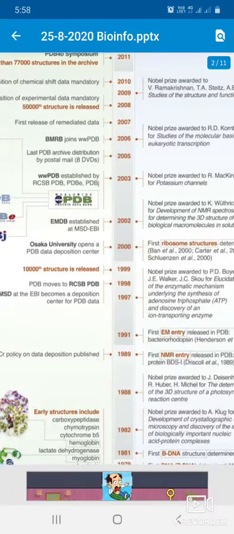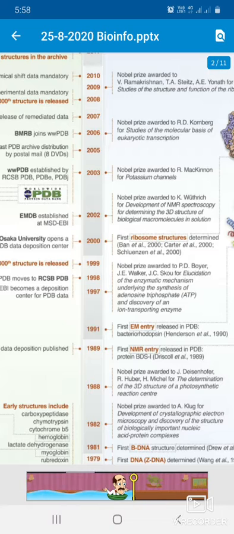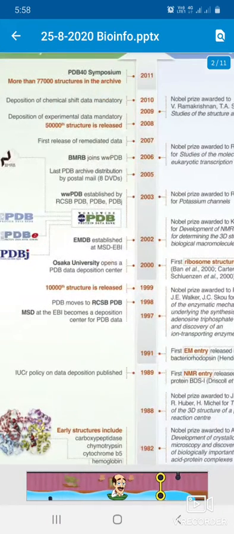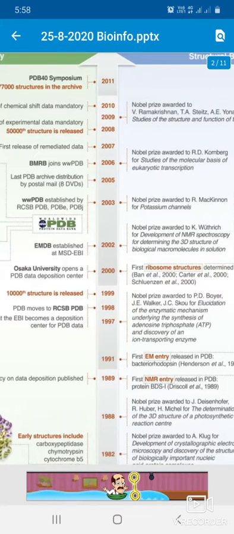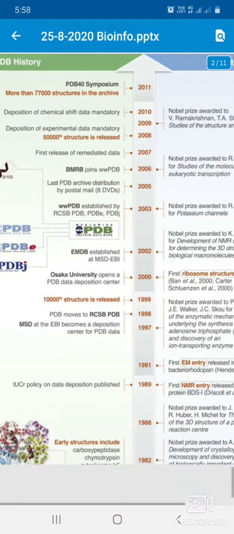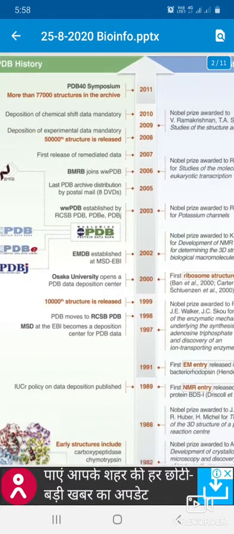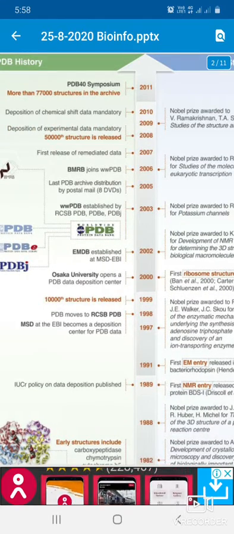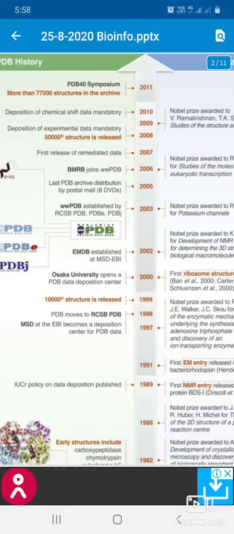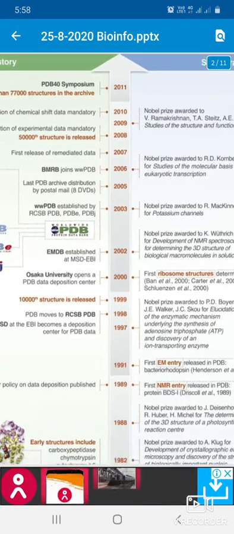Then 1991 is the first EM entry in the PDB, related to bacteriorhodopsin. Then 1997. Then in 1998 the PDB moves to RCSB. It's going on. 10,000 structures were released in 1999.